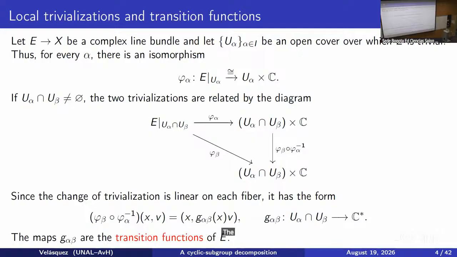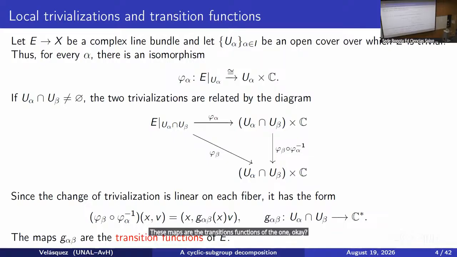This map is the identity in the first component, and in the second component it is a linear map depending on the point. This map then is a map from the intersections to the invertible 1-by-1 matrices. These maps are the transition functions of the bundle.